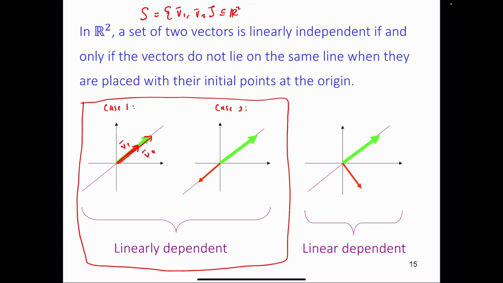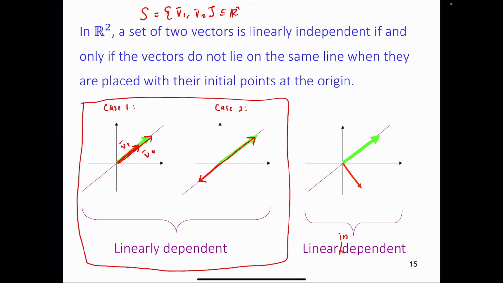And in the second case, again, these two vectors lie on the same line. However, the direction is opposite to each other. In the second picture, the set S is linearly independent.